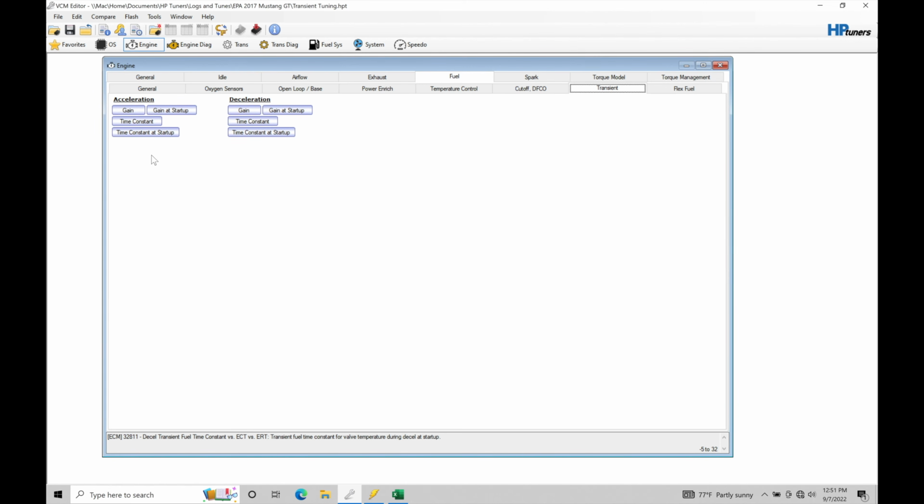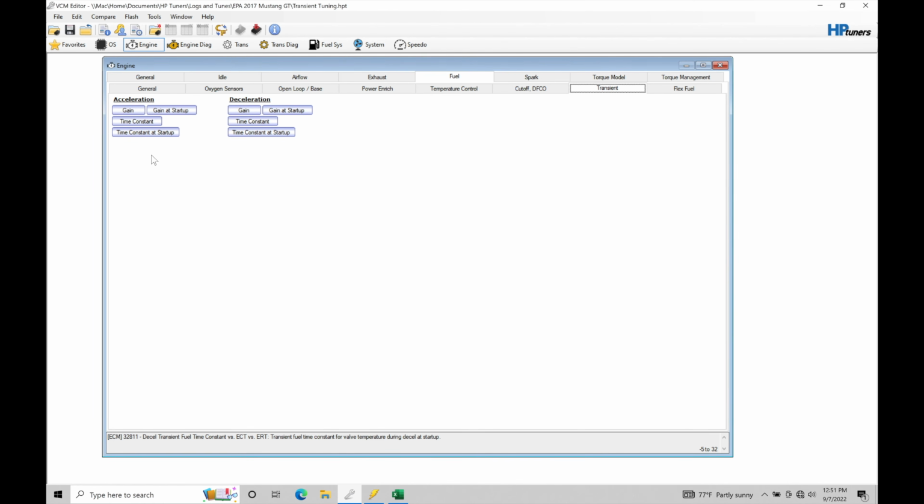We can determine the air mass. We know our equation: fuel mass is equal to air mass divided by target air fuel. We know the air mass, we know the target air fuel, we can then figure out the fuel mass. We convert the fuel mass into an injector pulse width, or the base pulse width, by knowing all of our fuel injector data. So low and high slope and our offset values equate to the base pulse width.